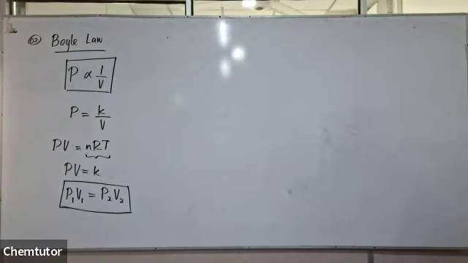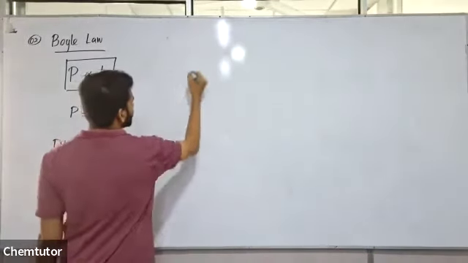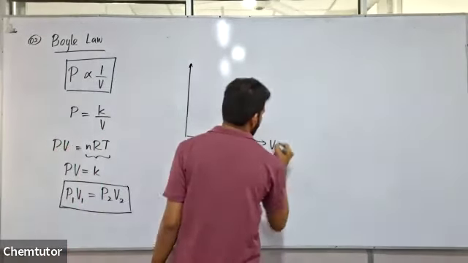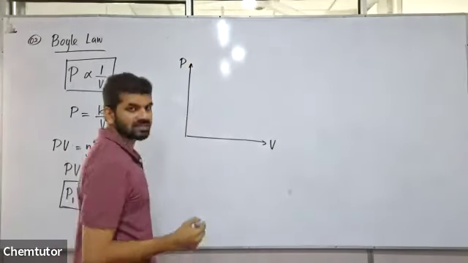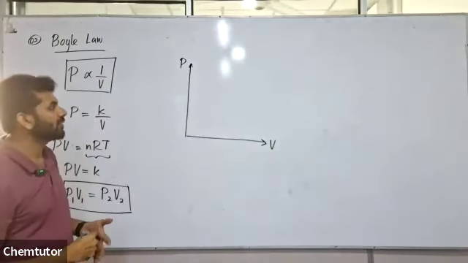The Boyle's law relationship can be expressed graphically as follows: pressure versus volume. So we are going to express pressure versus volume.